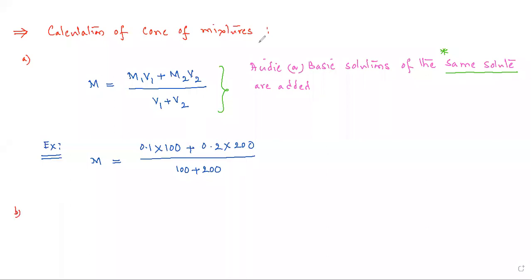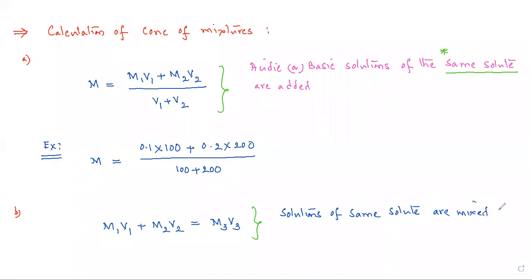Okay. Then coming to the next thing. Now there is a relation of this type. Now this is used in case solutions of the same solute are mixed and diluted.